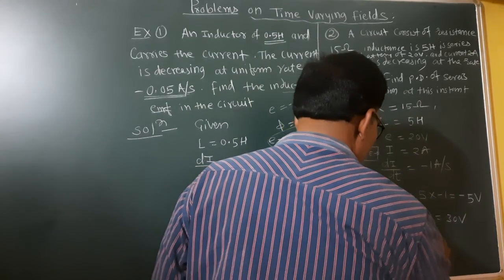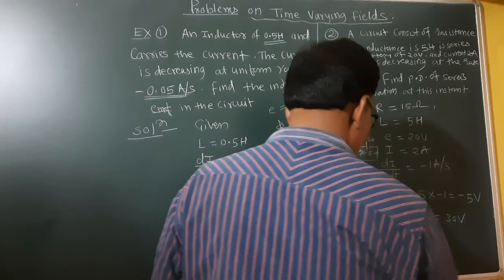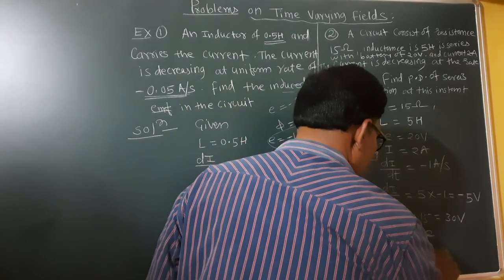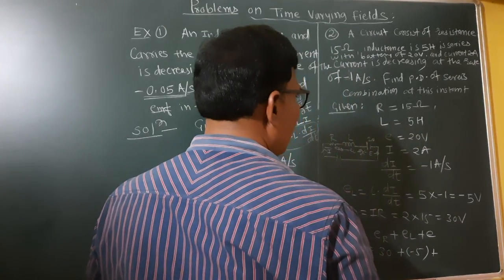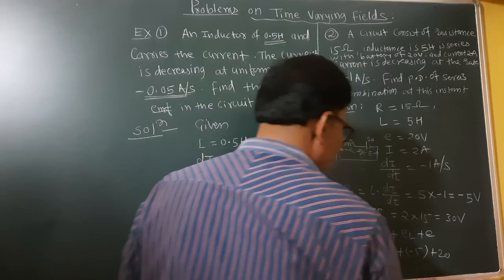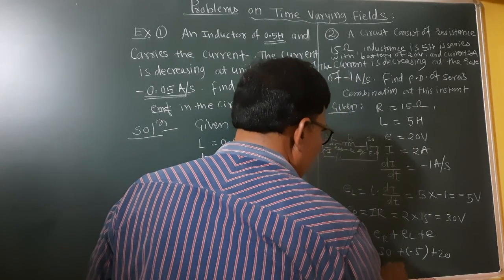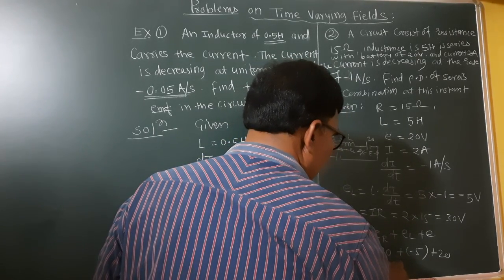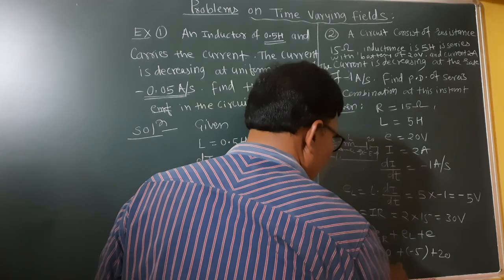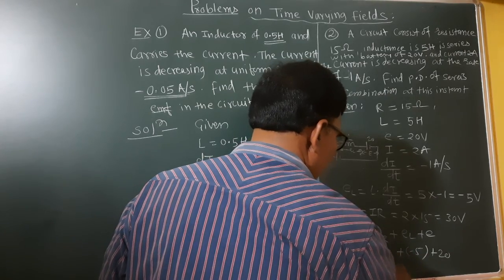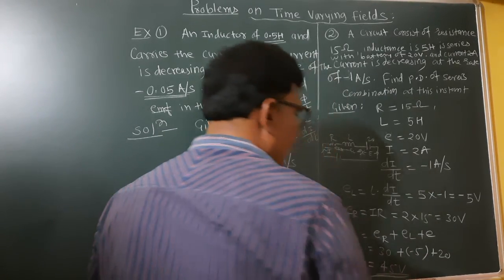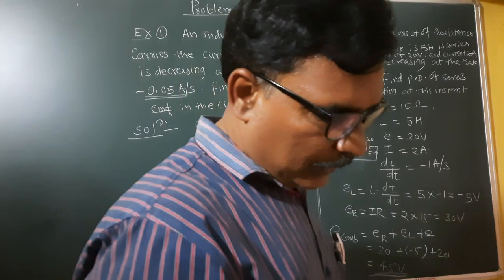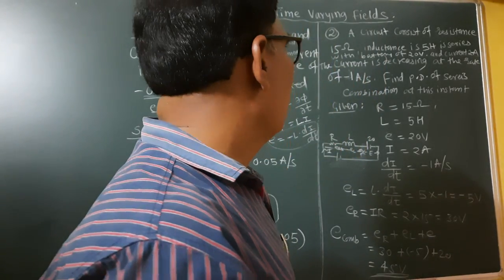Finally, 50 minus 5 is 45 volt. This is the combined EMF we have to consider for the circuit.